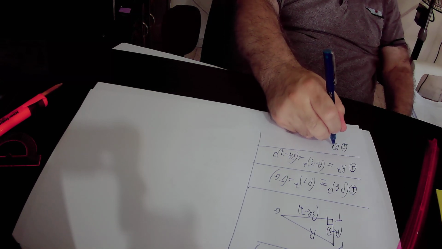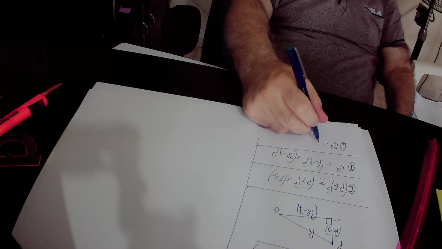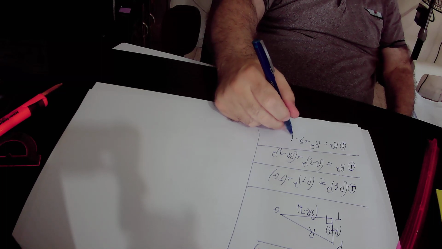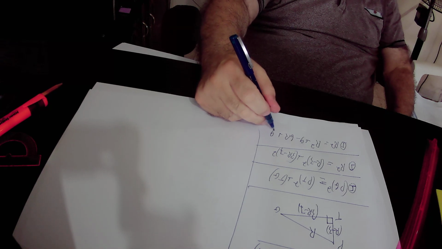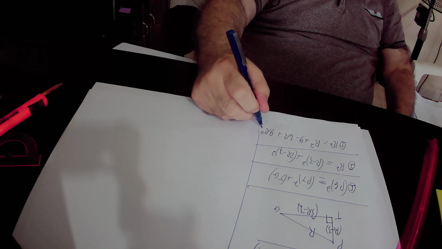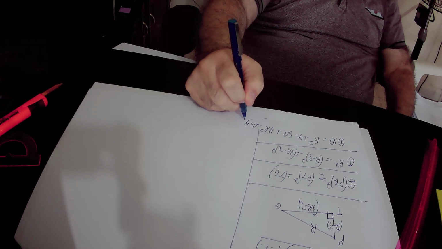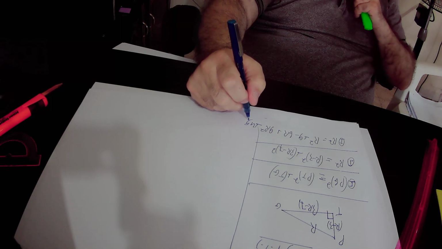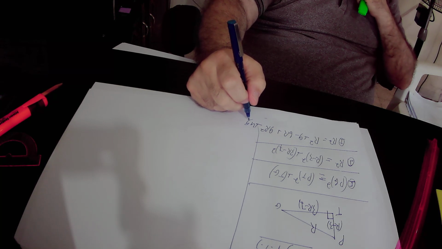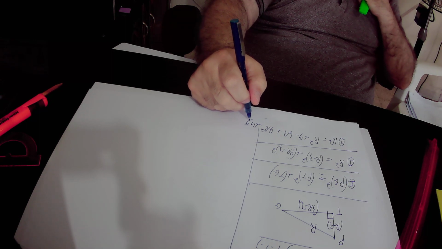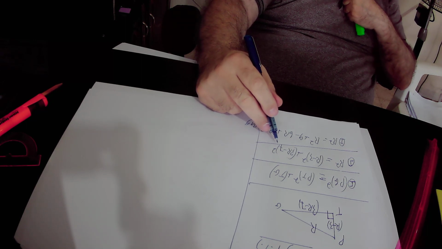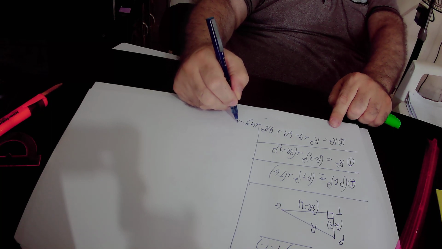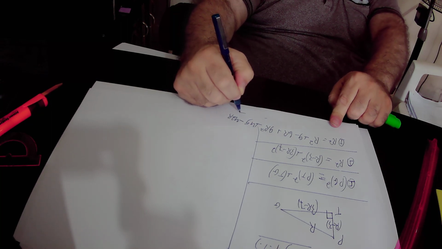According to equation number 1, R squared equals (R minus 3) squared, which is R squared plus 3 squared, that is 9, minus 2 times R times 3, that is minus 6R, plus (3R minus 7) squared, which is 9R squared plus 7 squared, that is 49, minus 2 times 3R times 7, that is minus 42R.